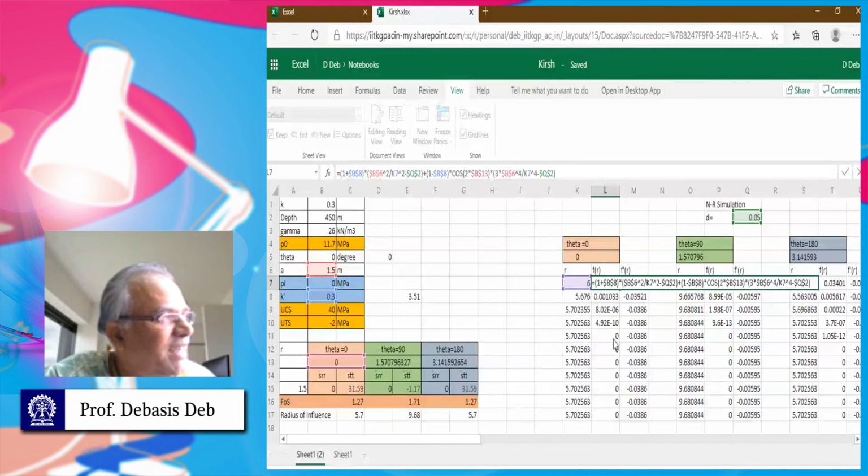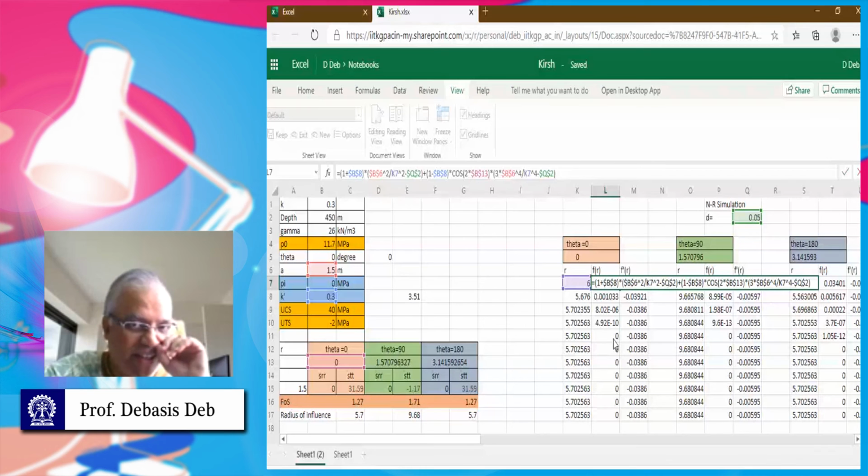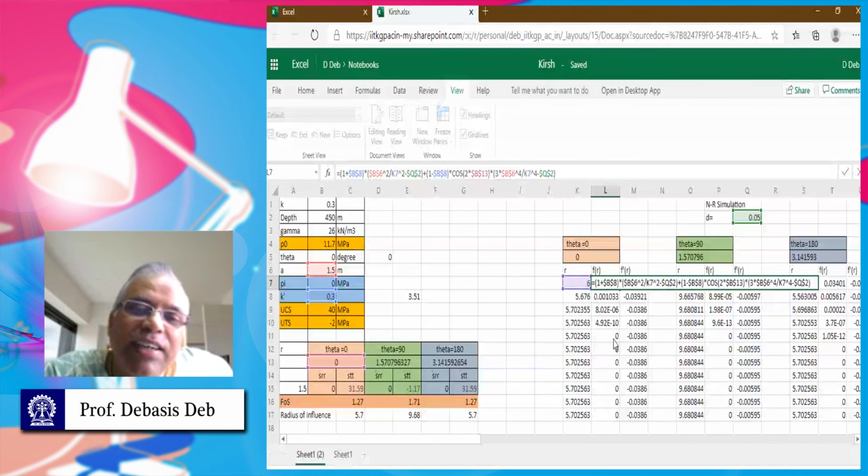This is basically R new equals R naught minus F(R) by F dash R, the derivative. This is the truncated version of the Taylor series. Okay, only first order. That is the Newton-Raphson we use in this case.